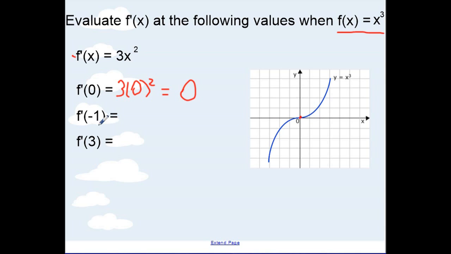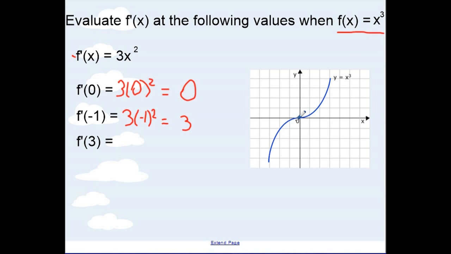So let's take a look at f prime of -1. So let's plug that in. So we got 3 times -1 squared. -1 squared is going to be +1 times 3 is 3. So let's see, let's erase a little bit of this. If we have to look at -1 for f of x, that's going to be here, right?